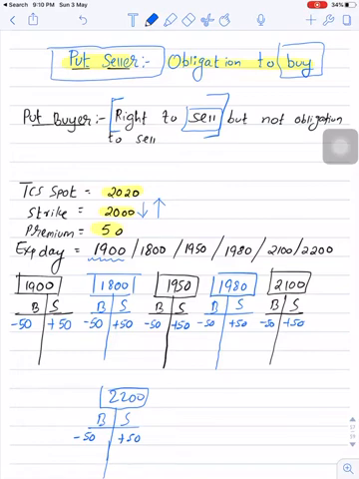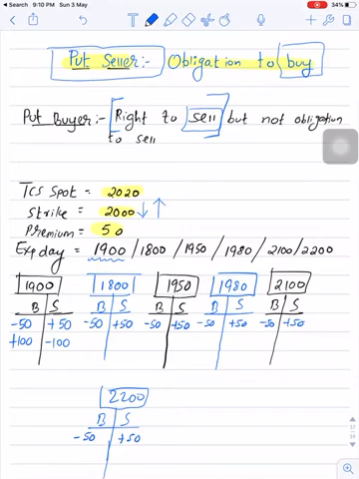So the value is 1900 but he has a right to sell at 2000. So he will make a profit of 100 rupees, whereas the put seller has an obligation to purchase. The put seller has to purchase for 2000. The actual value is 1900 but he has an obligation to purchase at 2000. So he will lose 100 points or 100 rupees in this case.